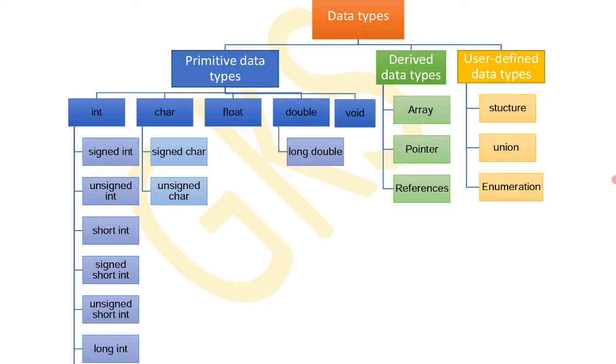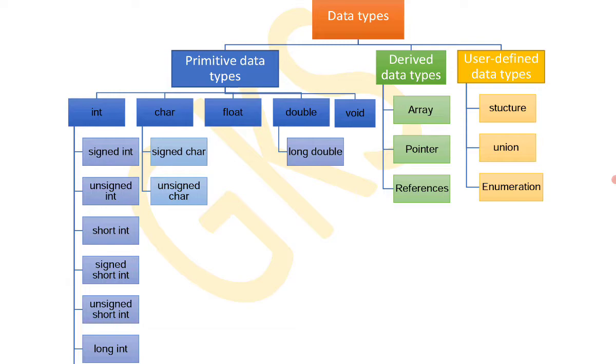What are unsigned integers? Unsigned integers are generally used only with positive numbers, if you want to use only positive numbers, where there is no concept of negative numbers. For example, if you want to enter some marks, and you declare a variable called marks as integer, int marks.